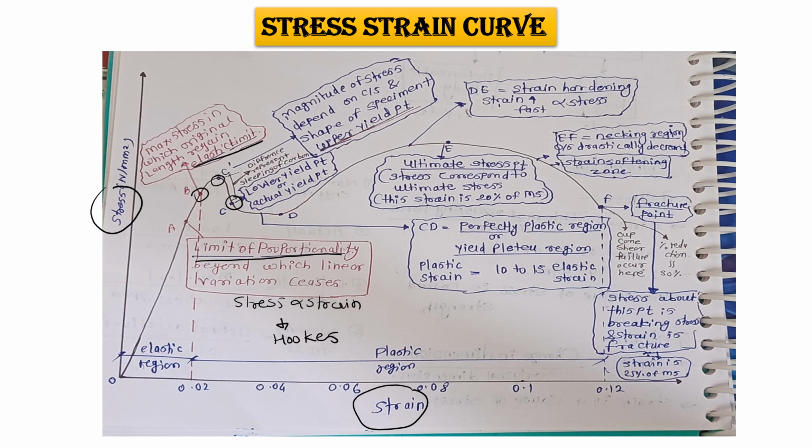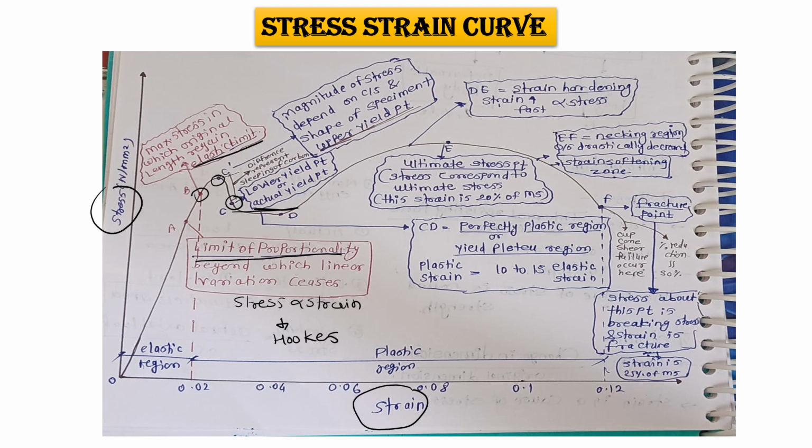C is the fixed point from where the material completely goes to the plastic state. Then next, C to D. C to D is the perfectly plastic region or yield plateau region, and in that region the plastic strain is equal to 10 to 15 times the elastic strain.